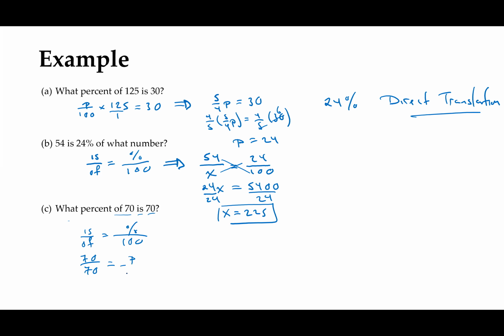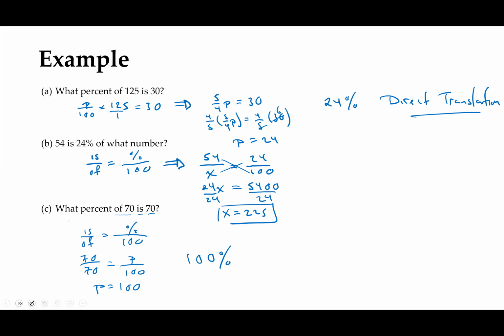So P over 100. Oh, well, gosh, 70 over 70 is 1. So P, you can cross multiply if you want, but what does P have to be in order to divide by 100 and get 1? Well, it's got to be 100 itself. Well, that makes sense, right? What percentage of $70 do I have if I've actually got $70? I've got 100%, right?